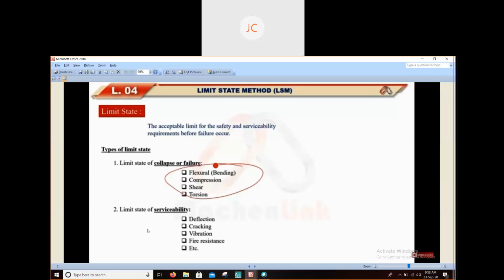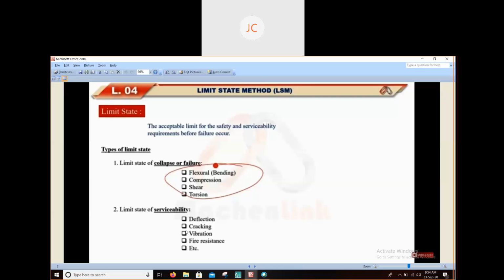Then we have to check cracking also, whether cracking is occurring or not. Then we have to consider the vibration also. Vibration means, can all of you please think about your surroundings and tell me why we need to consider vibration?